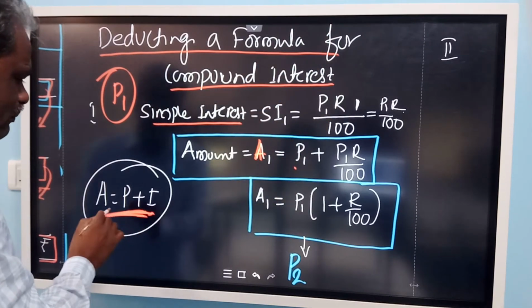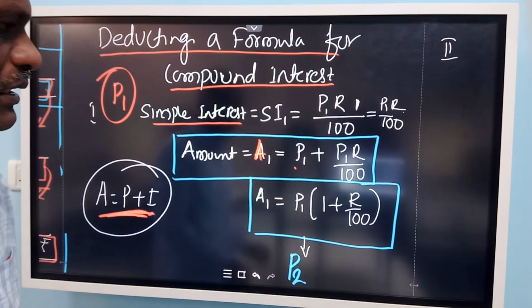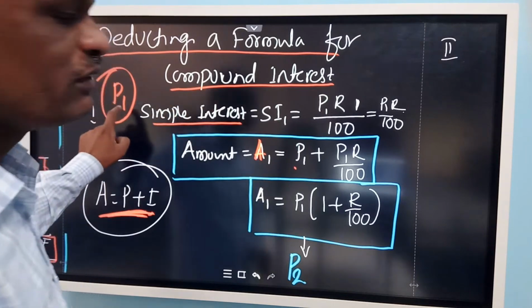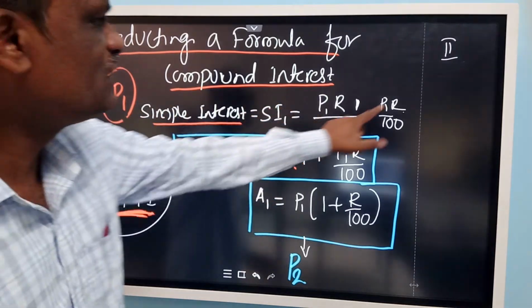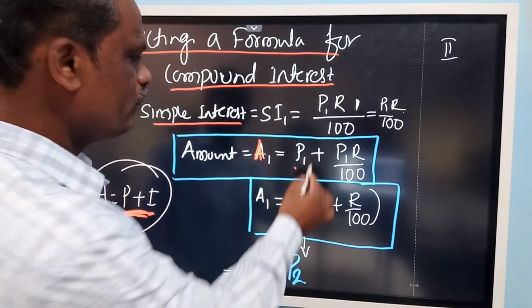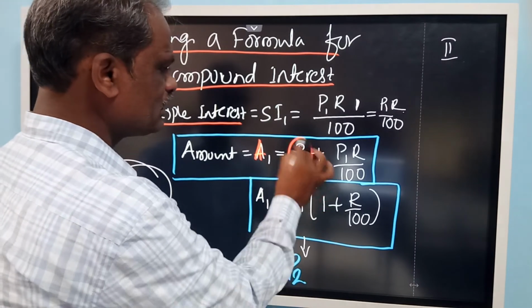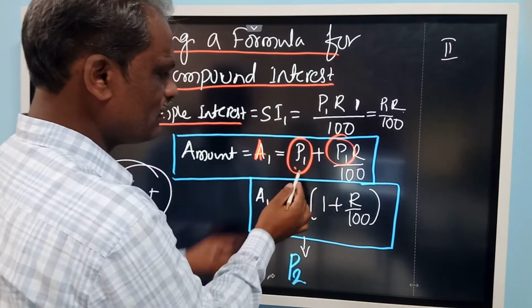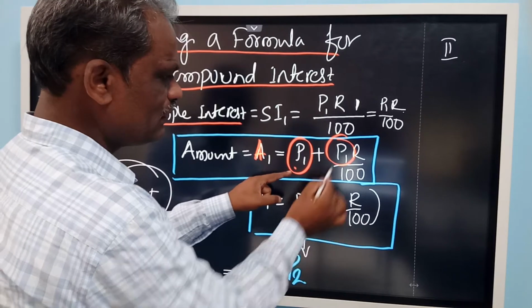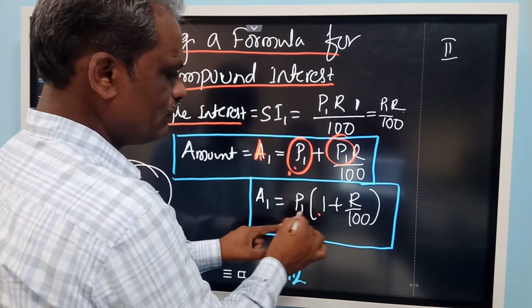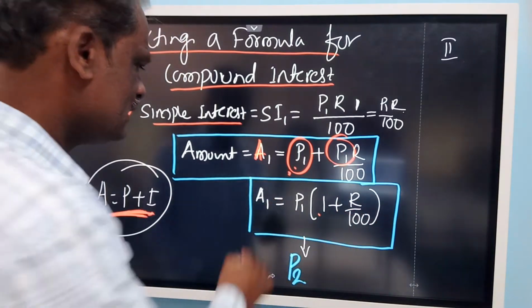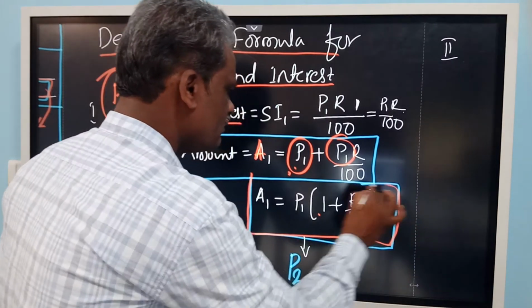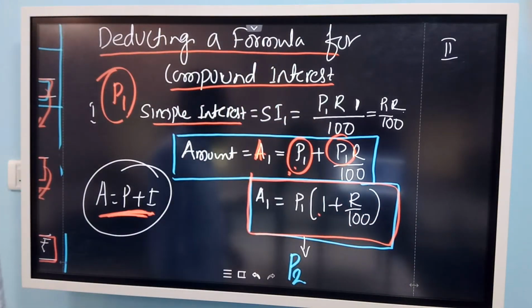Amount can be calculated by adding the principal and interest. The principal is P1, then interest we got P1 R by 100. In both places we have P1, take it common. Once you take common, 1 will remain, then R by 100 will remain. P1 into 1 plus R by 100. This is the amount at the end of the first year.